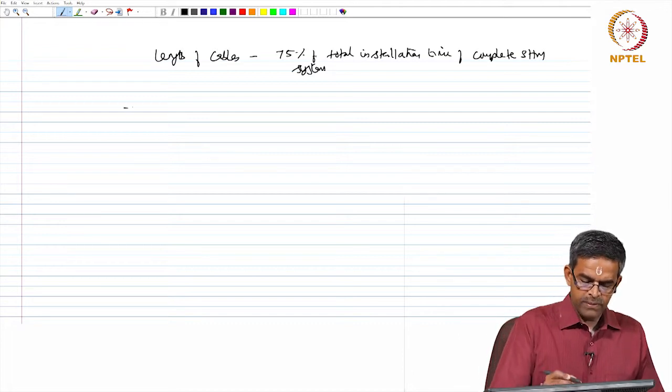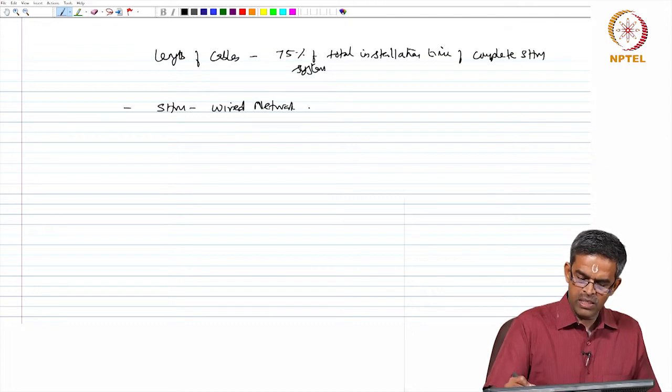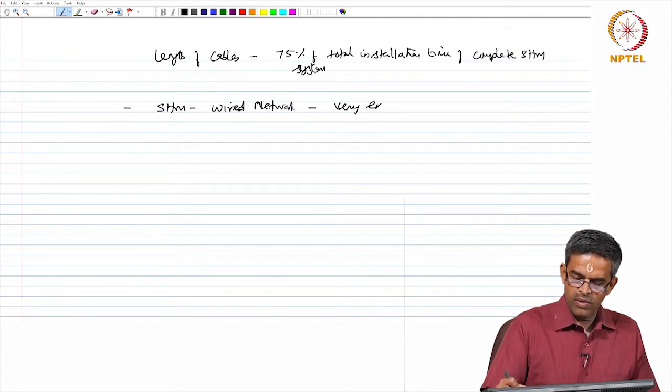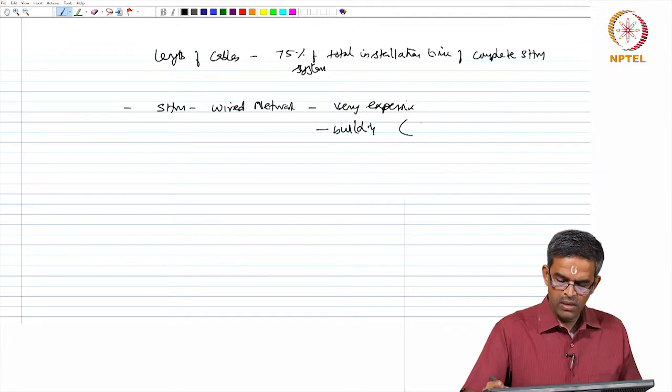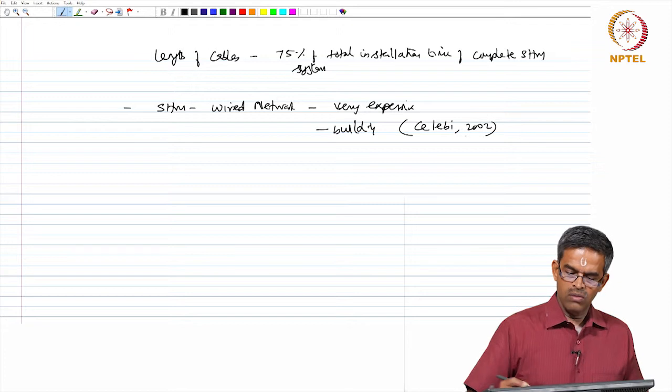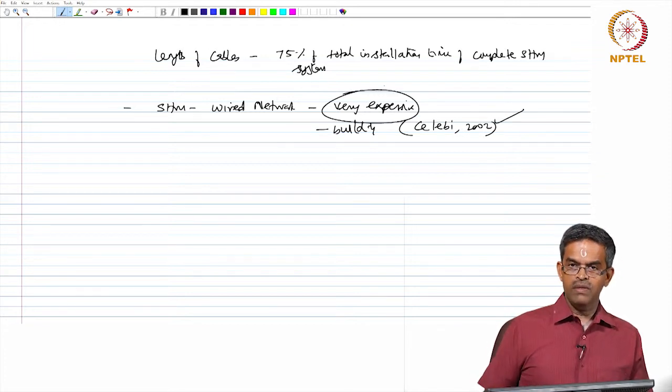They also said that an SHM system using a wired network can be very expensive when you do it for buildings. You can see the reference from Celebi 2002, who clearly states the cost of SHM if it is wired.